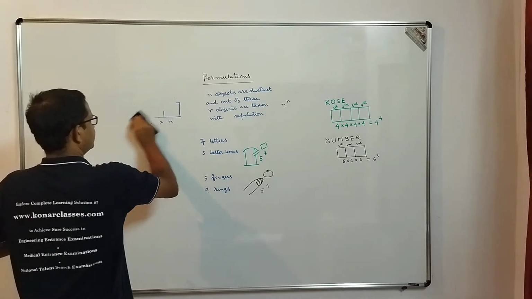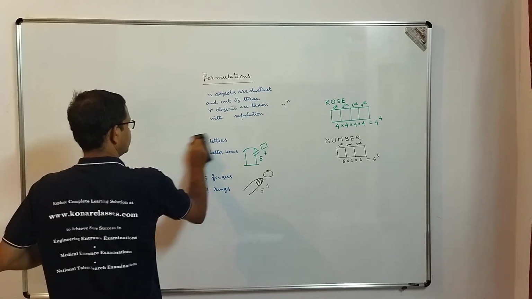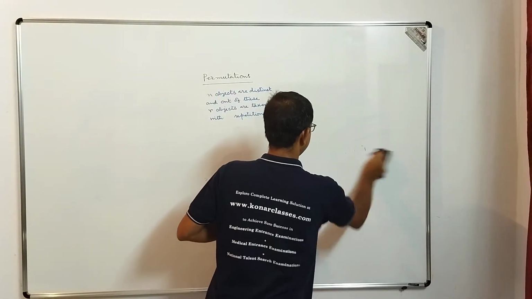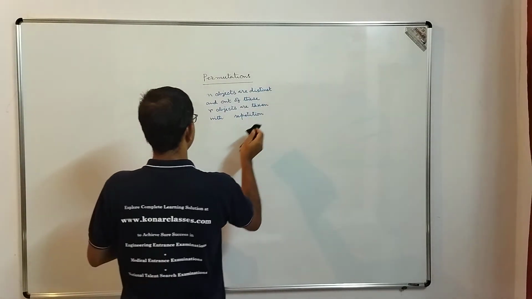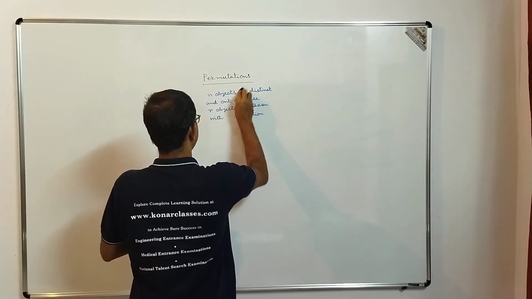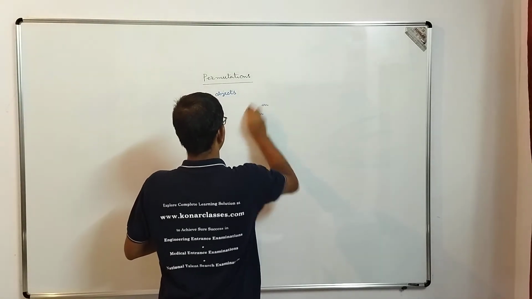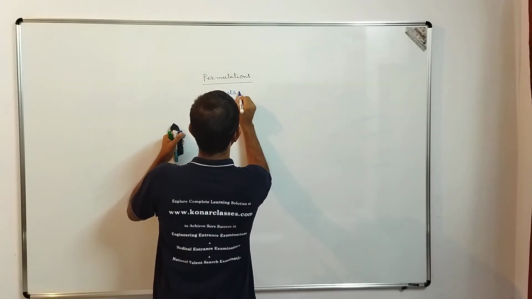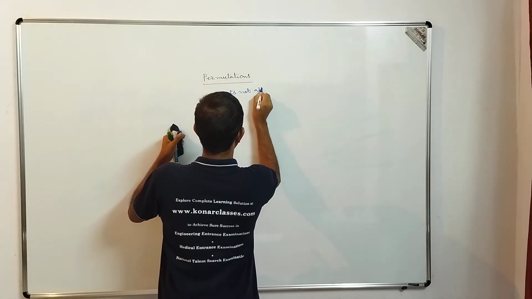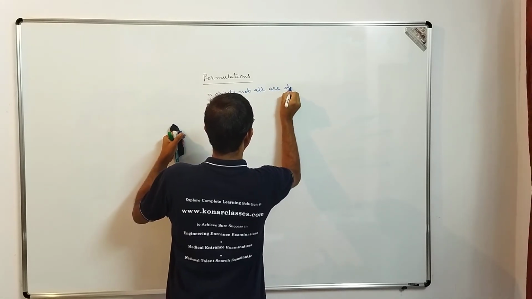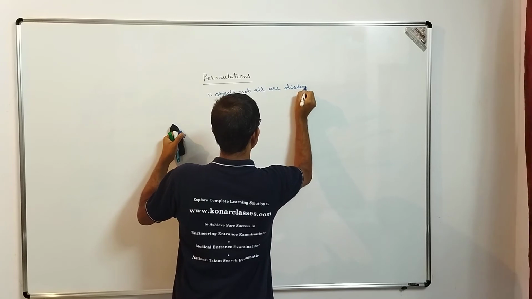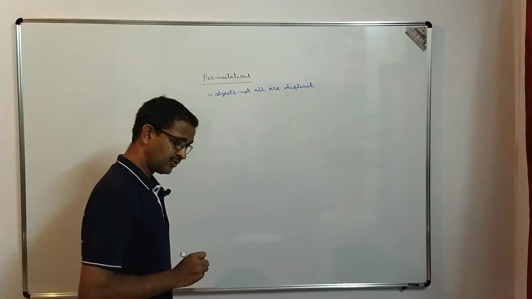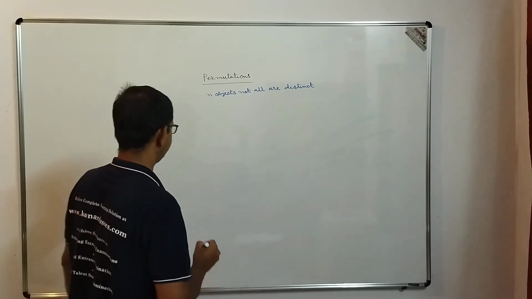So let's look into this case. Let me change the statement a little bit: n objects, not all are distinct. If they are not distinct, then what type are they?